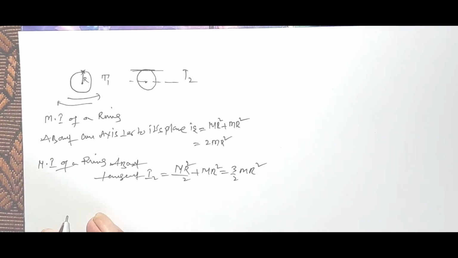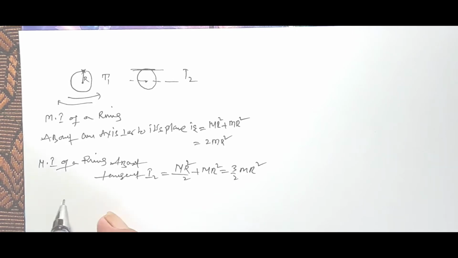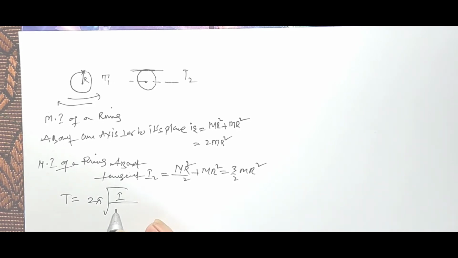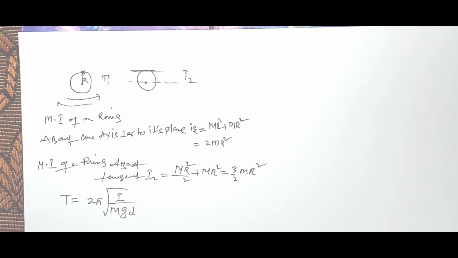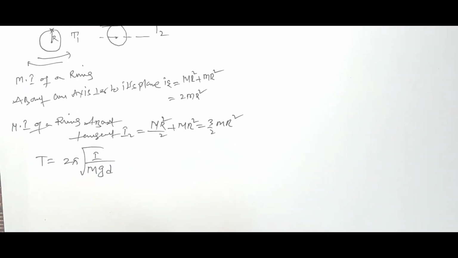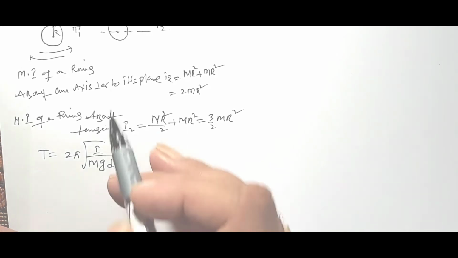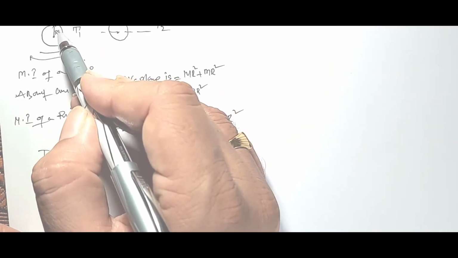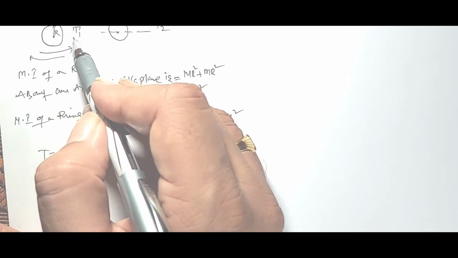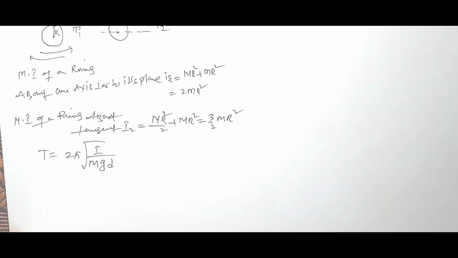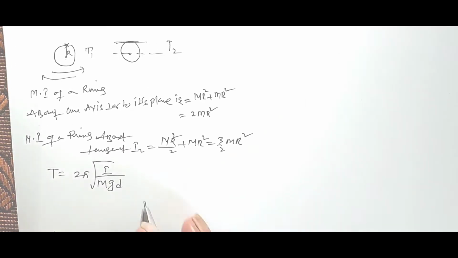Now we know that the time period of a ring in rotatory motion is T equal to 2 pi square root of I by mgd. D means the distance from the axis of rotation to the center of mass.